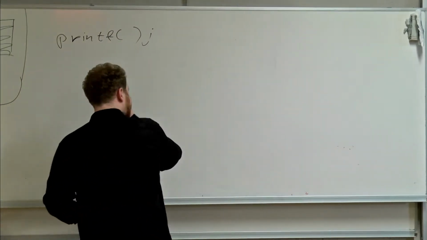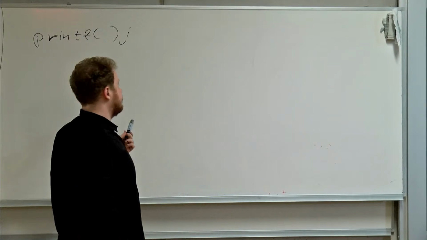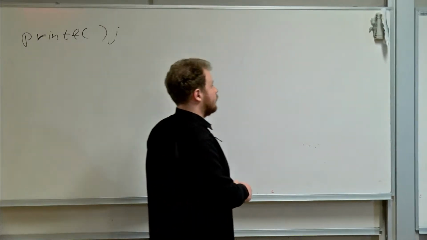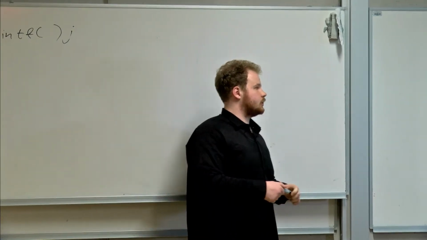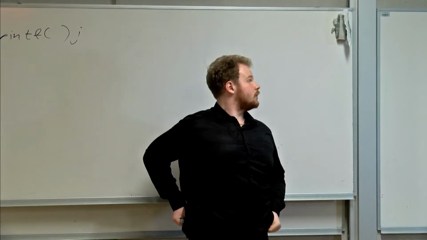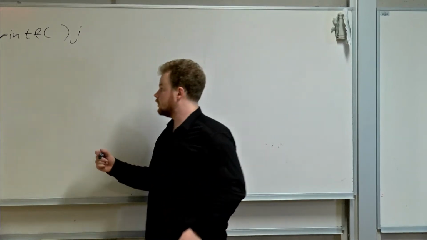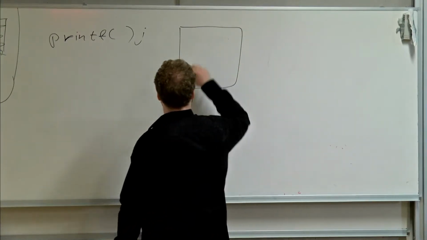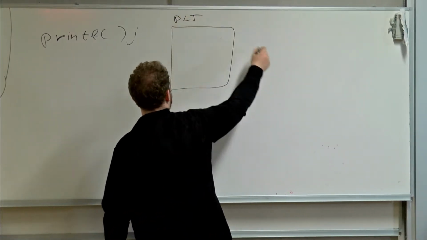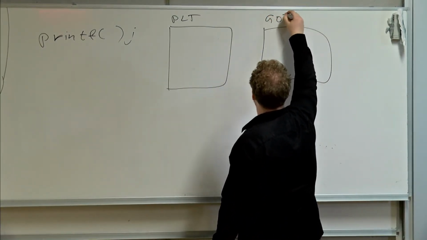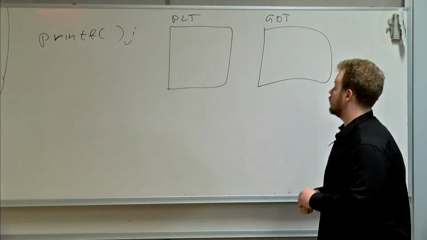So in order to find the address while the program is being executed, there's a procedure that's basically called the resolution of addresses, and it works with the help of two tables. So we have the PLT, the procedure linkage table, and the GOT, the global offset table.